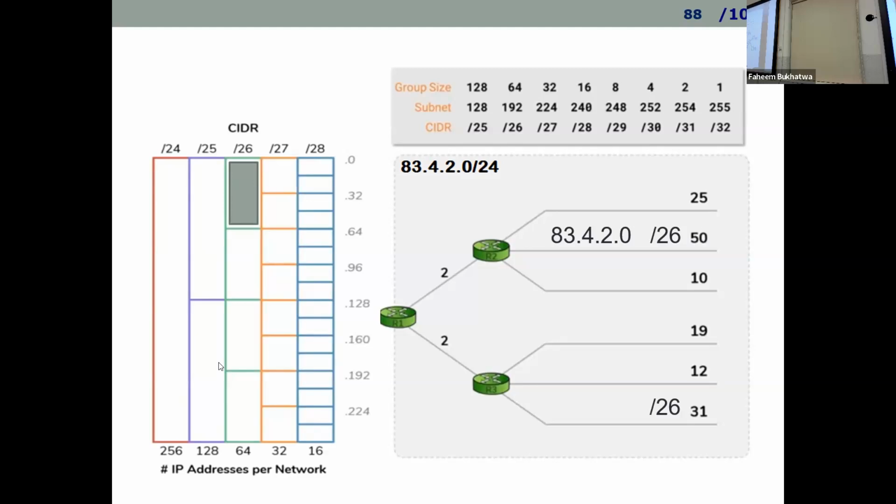So anyway, the next addresses go on. What's the ID for the first one? And what's the broadcast for the first one? The first legal address and the last legal address?